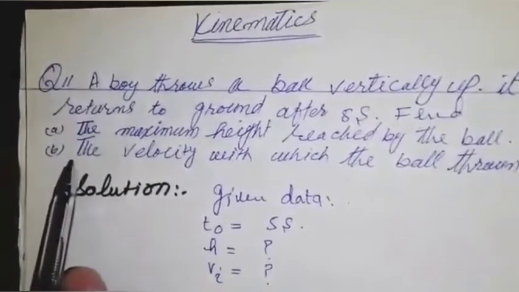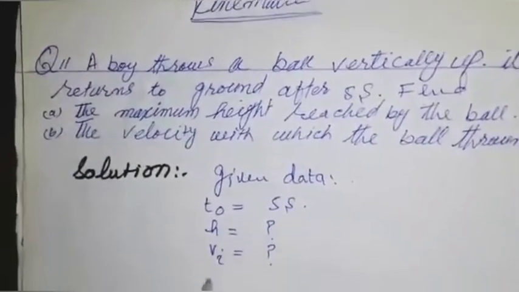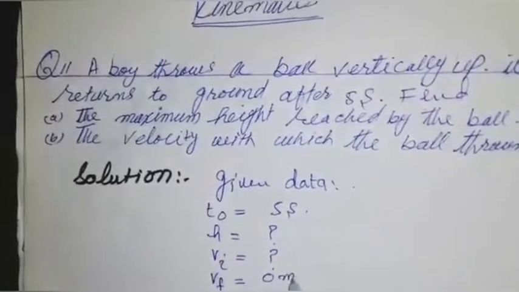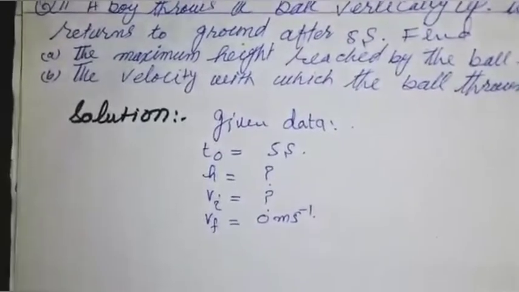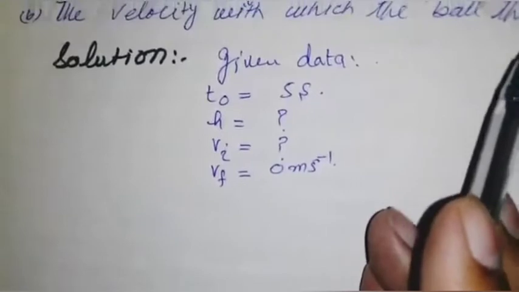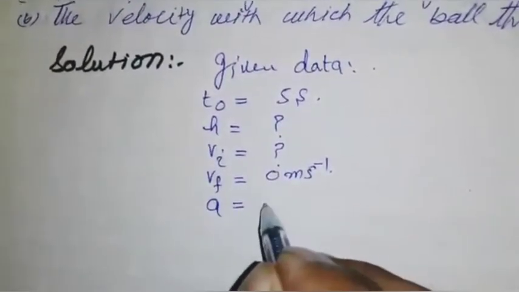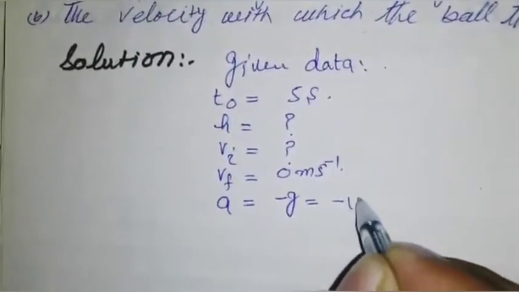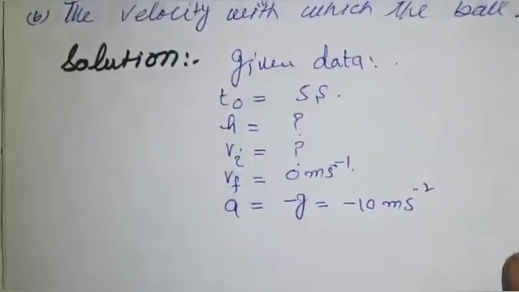When it reaches a certain height, its velocity becomes 0, so Vf is equal to 0 meter per second. And as it is thrown upward, its acceleration A is equal to minus g, which is equal to minus 10 meter per second squared.